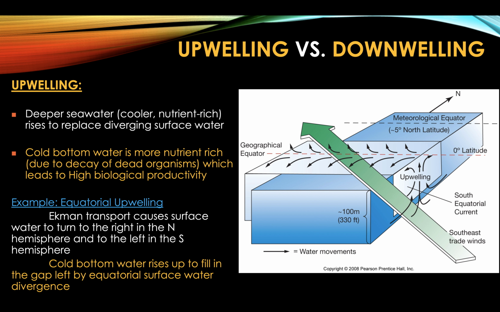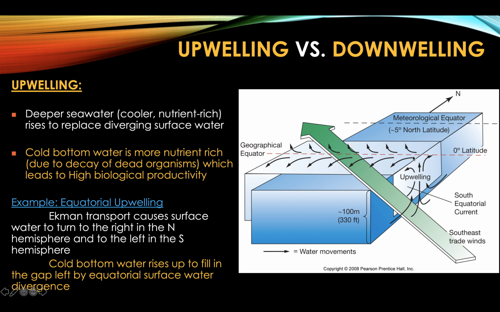And one really famous example of upwelling is at the equator. Remember, because of the trade winds, the north and south equatorial current both move from east to west. Because of that, the movement away means that water has to rise up to fill in the space from the water that's moved away.